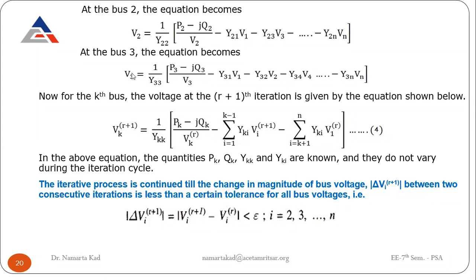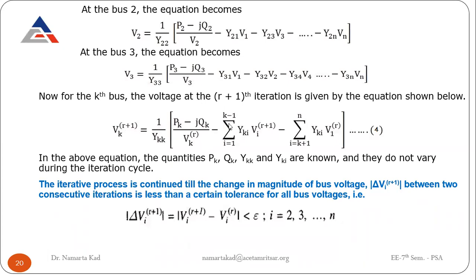But what is the difference between the two V3 voltages? This V3 voltage belongs to the previous iteration, not the latest iteration. That's why it is written Vk(r), the value of Vk obtained from the rth iteration, which is now put down in the (r+1)th iteration.